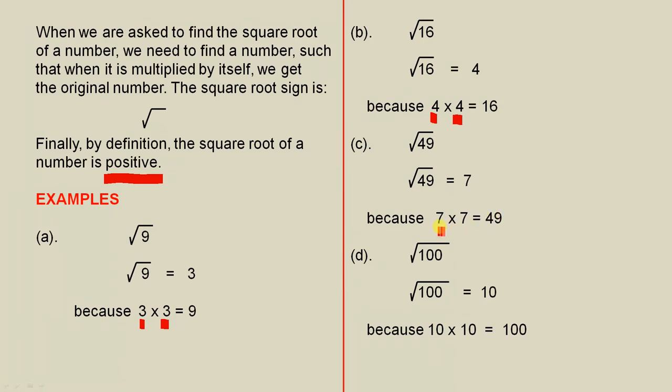You have a number, you multiply it by itself to give you 49, and that number is 7. The square root of 100 is 10 because 10 times 10 equals 100. So you can see in each of those four examples, each answer is positive.